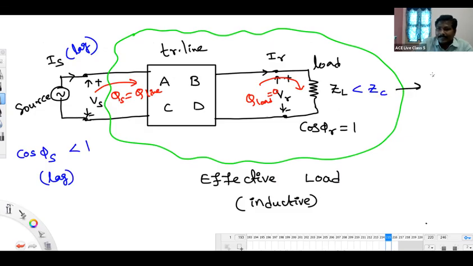How is the value Zc by ZL here? Greater than 1. Zc by ZL is greater than 1.